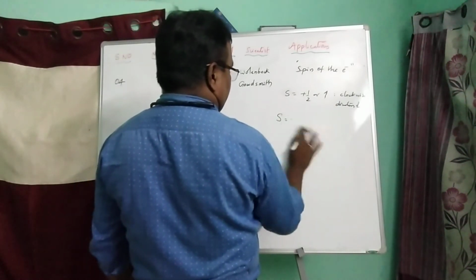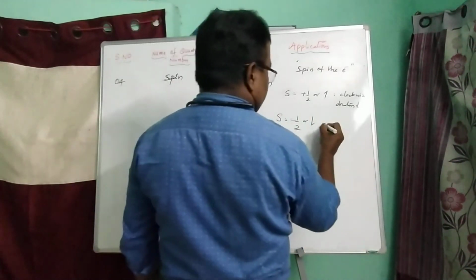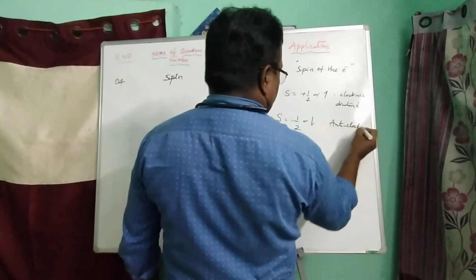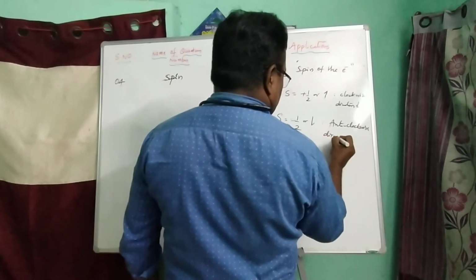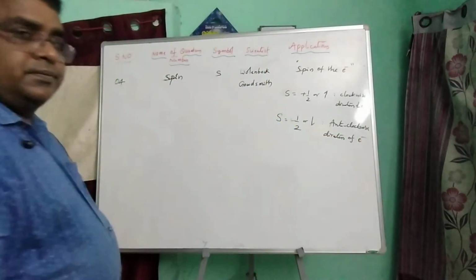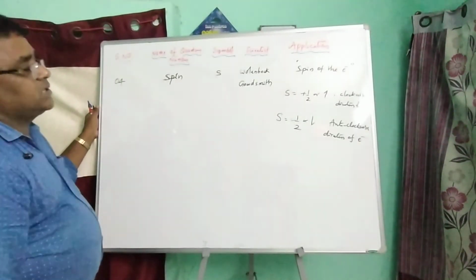If S is equal to minus half, or downward arrow mark, it represents the anti-clockwise direction of the electron. So the 4 quantum numbers are completed.